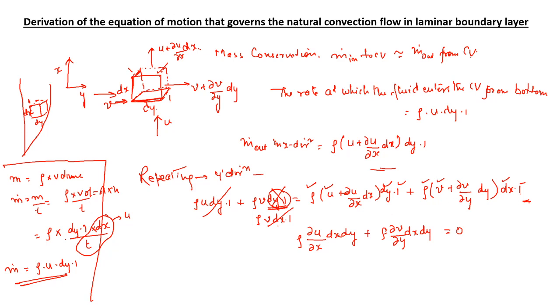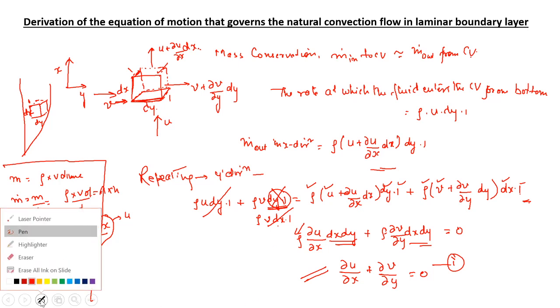I am putting the right hand side on the left hand side. From simplification, if the density is constant, this term is common, take it to the other side, we have ∂u/∂x plus ∂v/∂y equal to 0. Let's say this is equation number 1. This is mass conservation. From mass conservation we have this relation, which we already studied in our fluid mechanics subject, so this should not be very difficult to understand.